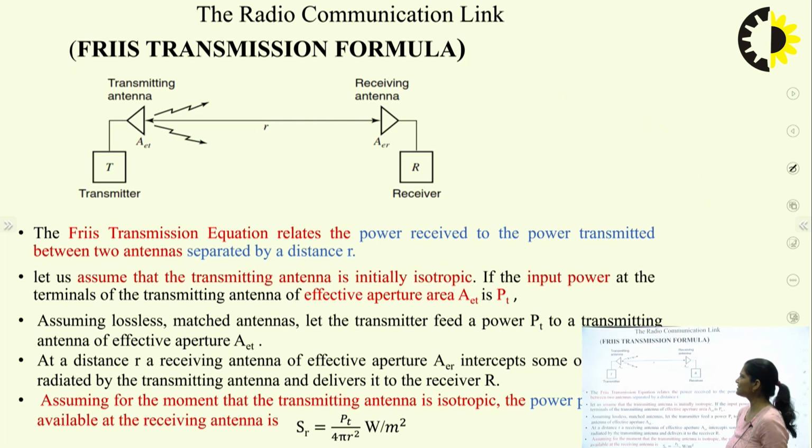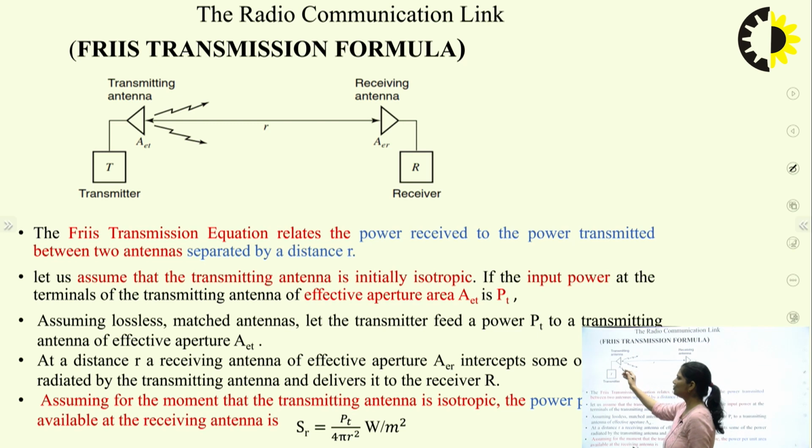Now, the Friis transmission formula. When you have two antennas, a transmitting antenna and a receiving antenna, this is the transmitter and this is the receiver. When you are sending a signal from the transmitter to the receiver, your signal is in the form of radiation. You are considering an isotropic antenna here, and you have to derive this Friis transmission formula.